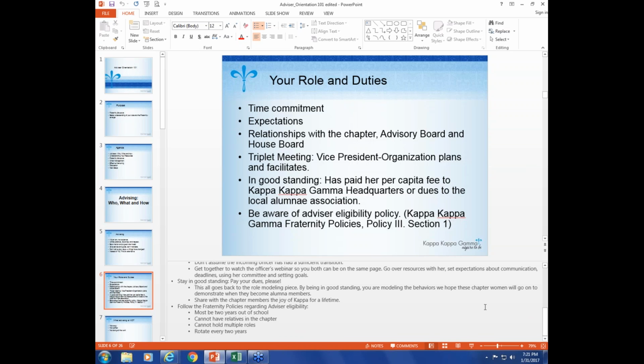You shouldn't hold multiple roles, although we know that does happen in some chapters when we don't have enough people to be advisors. And advisors should rotate every 2 years from your job. Doesn't mean you have to go off the board, but you should rotate the jobs every 2 years. That just keeps everybody fresh and keeps a board healthy, I believe.